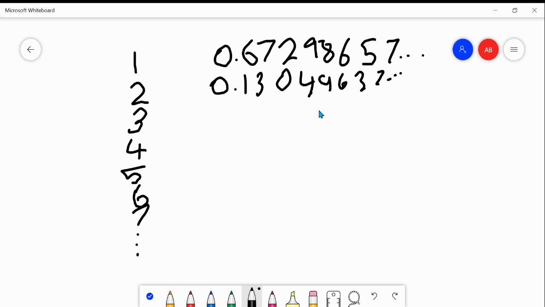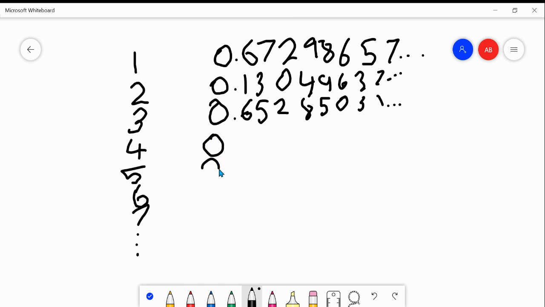And we can clearly see that say the next one is 0665288503 1 dot dot dot. You can clearly see I can come up with an infinite string of numbers and we'll be able to pair them up, right? Right.